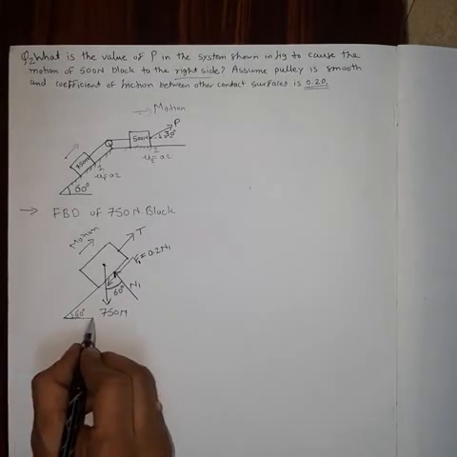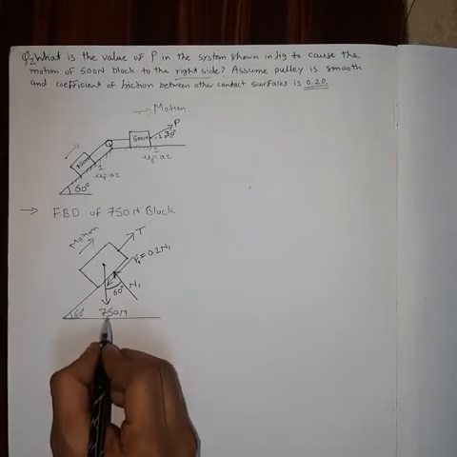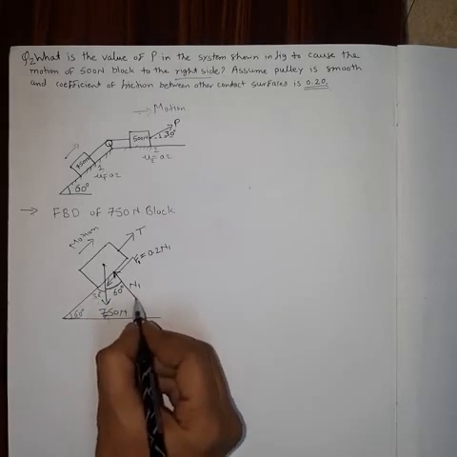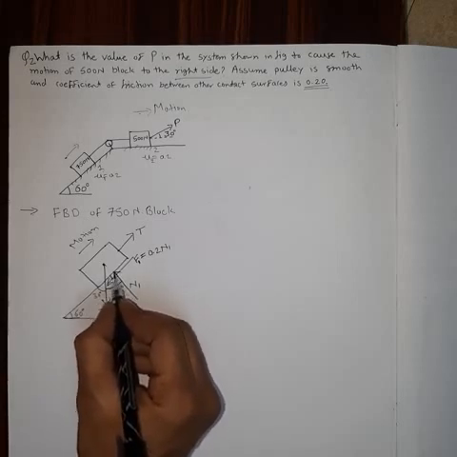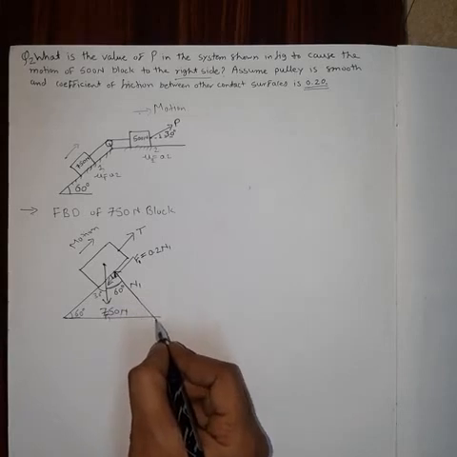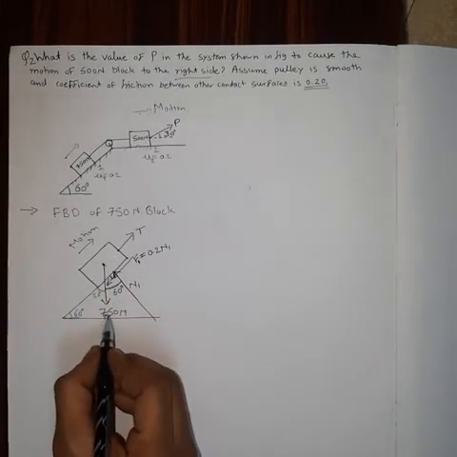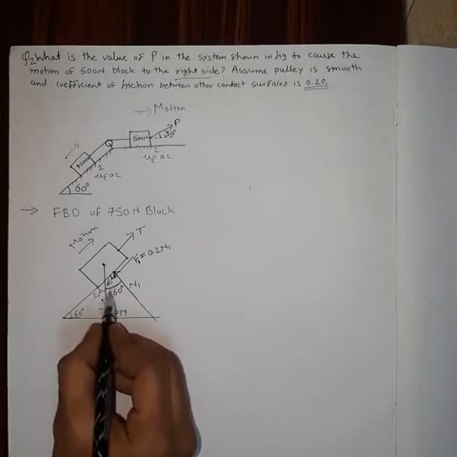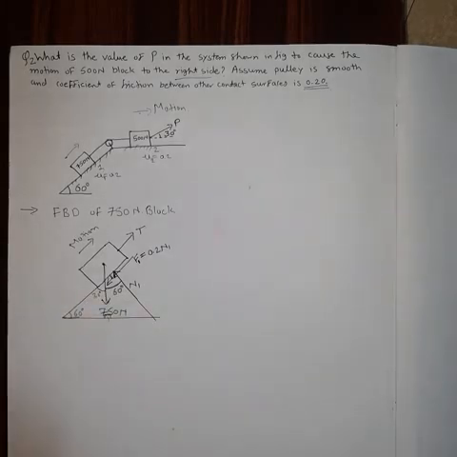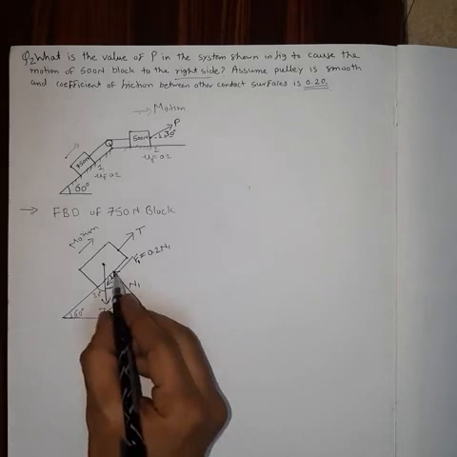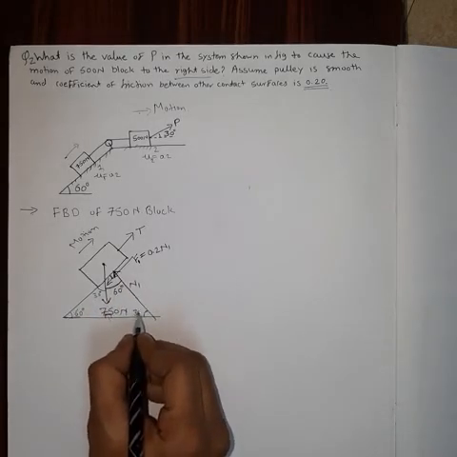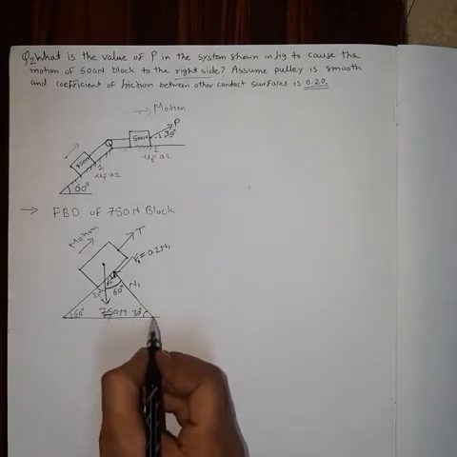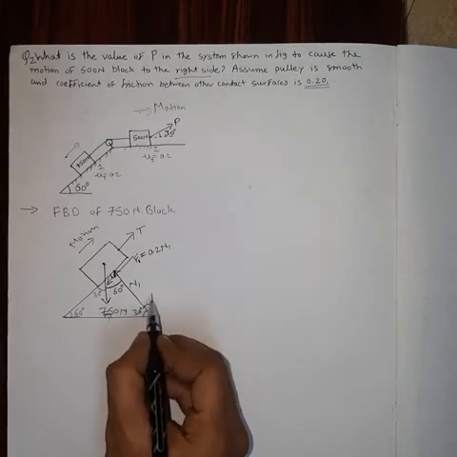Simple logic: if I draw a perpendicular here, this angle is 90 degrees, so this angle is 30 degrees. Again this angle is 90 degrees, and this is 30 degrees, so this angle is again 60 degrees. So the angle of N1 with the horizontal will be 30 degrees, or if we draw a vertical line here, the angle of N1 with the vertical line will be 60 degrees.